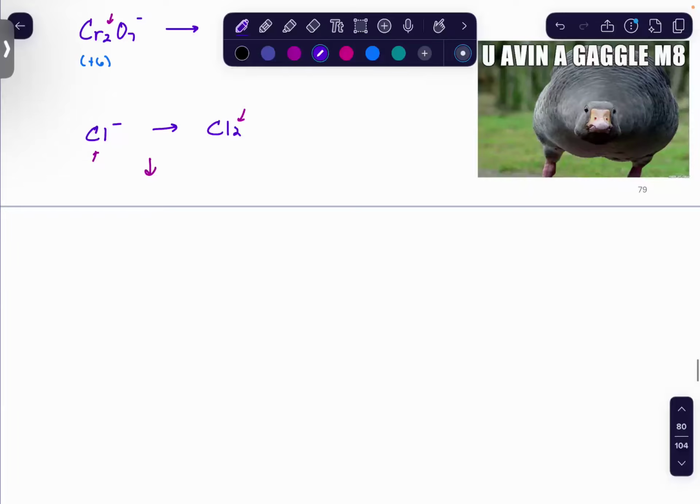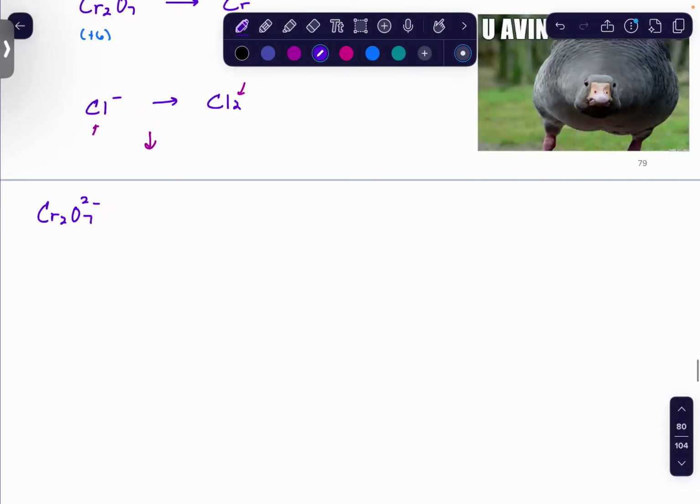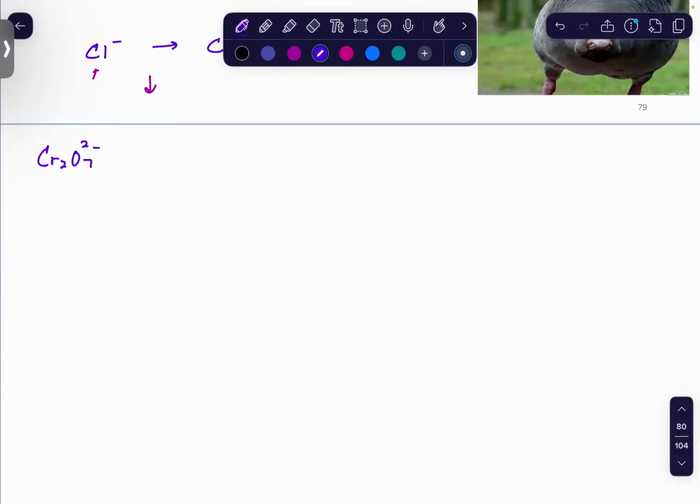Okay, so the next step is going to be Cr2O7 2 minus, there we go. Now I have 2 chromiums on each side.